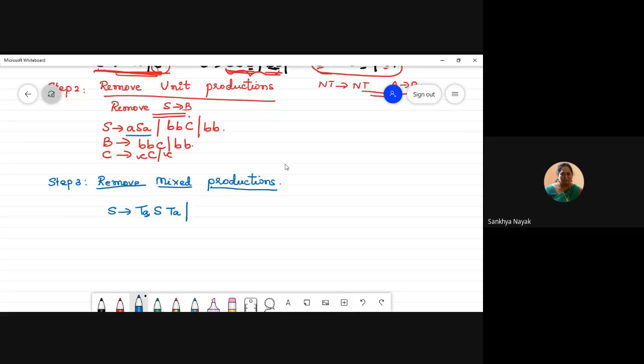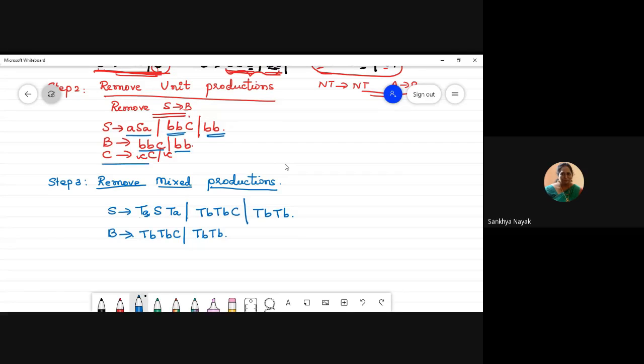Okay. Similarly here, I have two terminals which is B. So in place of that, I'll write TB. Okay. TB, TB and C. Again here we have two terminal symbols. So I will write it as BB. Okay. So let us write B derives. Again you have BBC. So which will become TB, TBC. And this BB will become TB, TB.